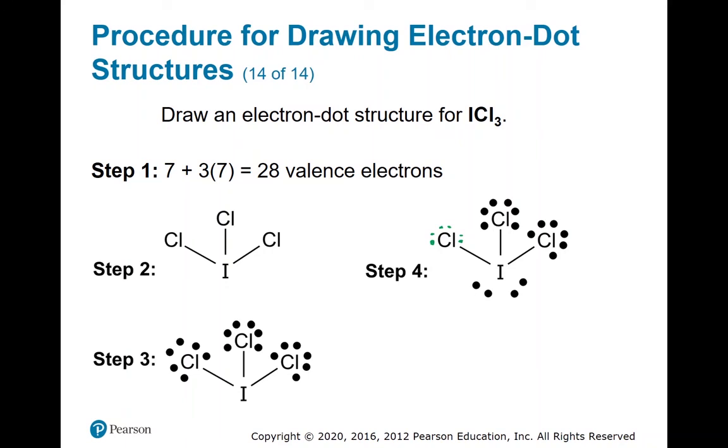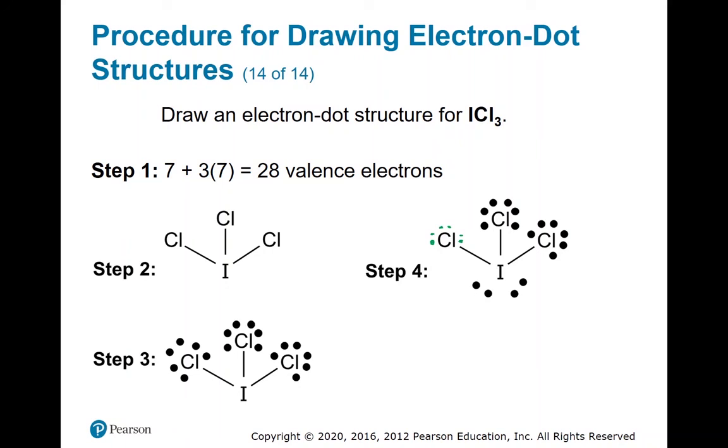Step 5 is to check on the central atom, which is iodine. Make sure it has at least 8 electrons around it. And iodine has 3 single bonds to chlorine, so that's 3 bonding pairs, and then we put 2 lone pairs on it as well. So that's a total of 5 pairs of electrons around iodine, so 10, which is actually more than 8.